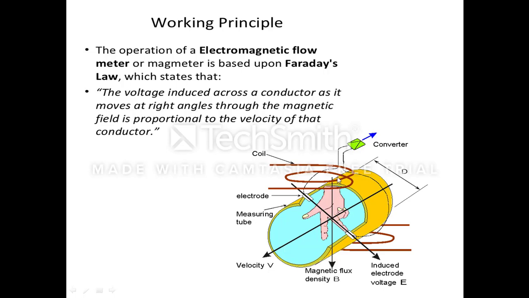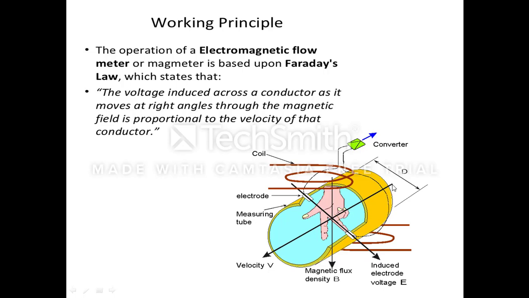This is the working principle diagram. Here is Faraday's law: you keep three fingers mutually perpendicular to each other. This is the direction of fluid flow, and this indicates the magnetic flux direction. We keep a magnetic field, and if you allow a conductor through it with a certain velocity, EMF is induced.